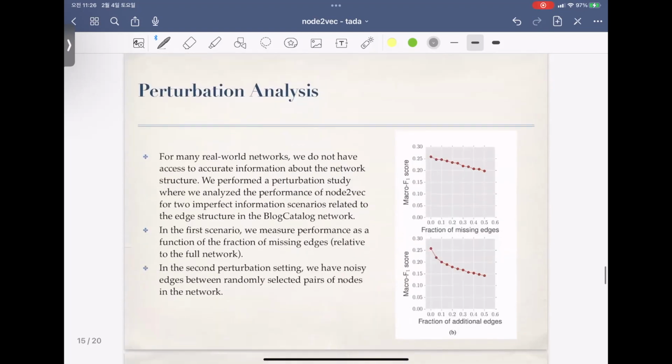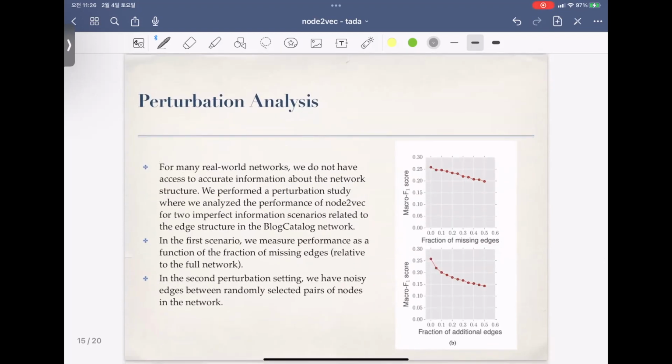There was also a perturbation analysis done. Since real-world networks do not always have all the information, some of them have missing edges and some of them have noisy edges. Those were experimented by taking off some fraction of edges to create missing edges, and by adding additional edges so that the network would seem more noisy.